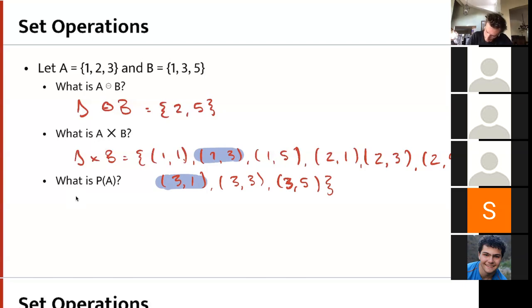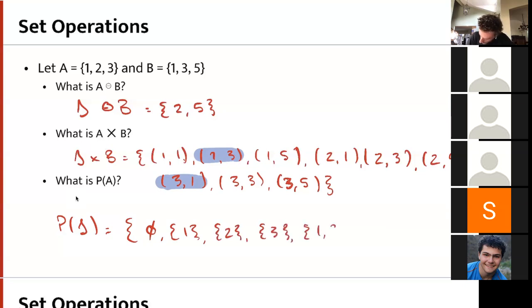Okay, and then the power set of A is a set who begins with the empty set. Here's one subset. Here's another subset. Here's a third subset. And then you get the pairs, 1, 2, 1, 3, and 2, 3.